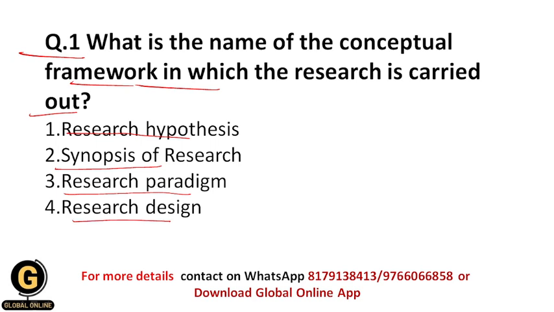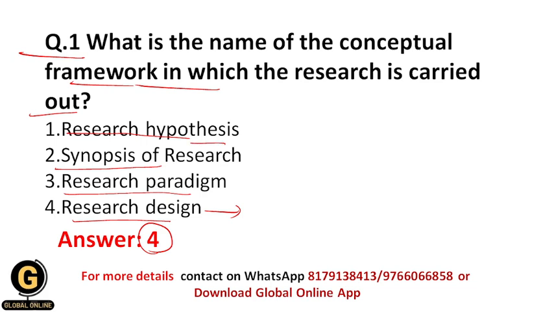Conceptual framework means the whole outline of the whole research process, which is nothing but the research design, and that's why your correct answer should be 4. Research design is the whole outline of your whole research process, in which you explain what different data collection methods and data analysis methods you are going to employ in your whole research process. That's why your correct answer should be 4.